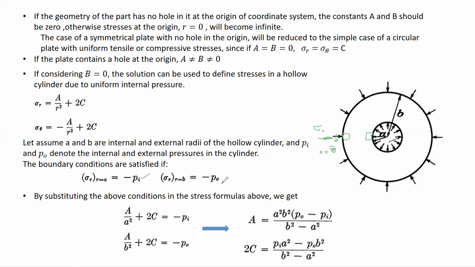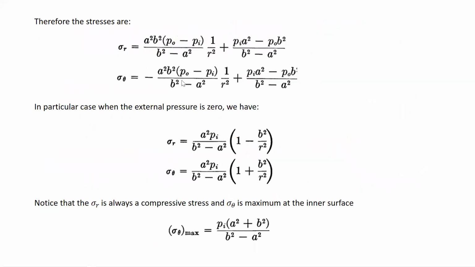We calculate A and C here. Substituting these values into the stresses, obviously we get the stress in radial and tangential direction. This is a true solution for a cylinder with internal and external pressure. It doesn't need to be a thin cylinder, as we have the case with the ordinary elementary solution for the thin cylinders that we learned in mechanics of materials.